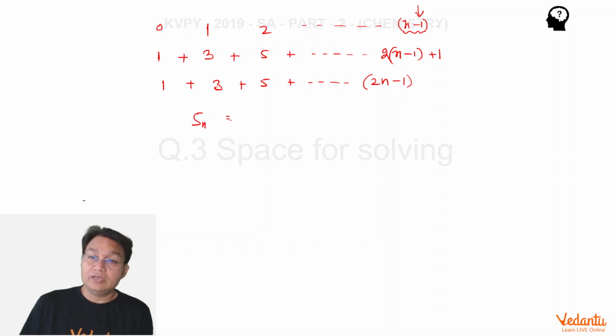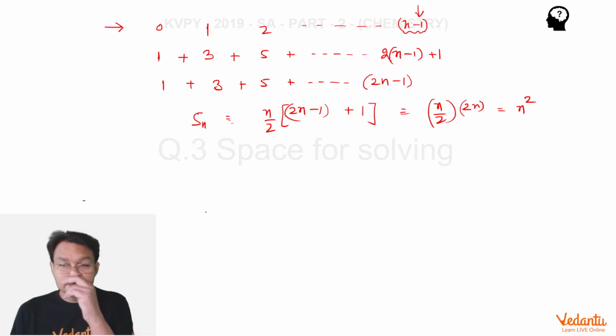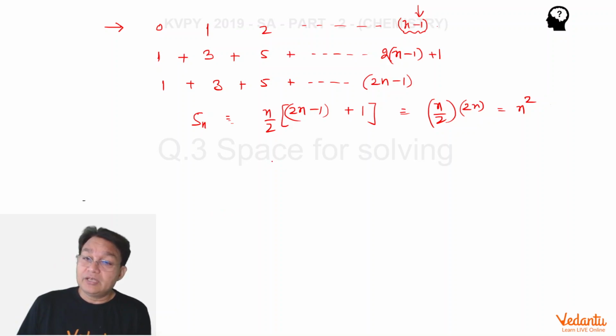Summing all these values, what do you get? The last term 2n minus 1 plus the first term 1, into n by 2. That is n by 2 into 2n, which is of course n square. So you can prove that n square will be the sum. But n square is only the number of orbitals, and each orbital contains 2 electrons.